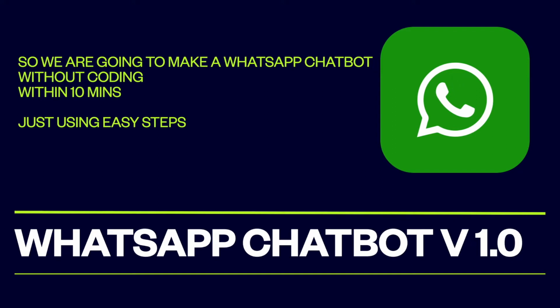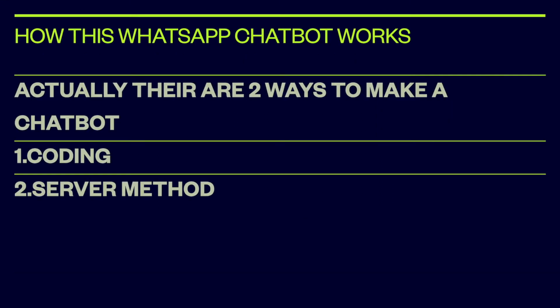But first, let us understand how these WhatsApp chatbots work. There are basically two ways of making a WhatsApp chatbot. The first way is using coding and the second is using a server method. So let's try the second method, and see how the server method works.